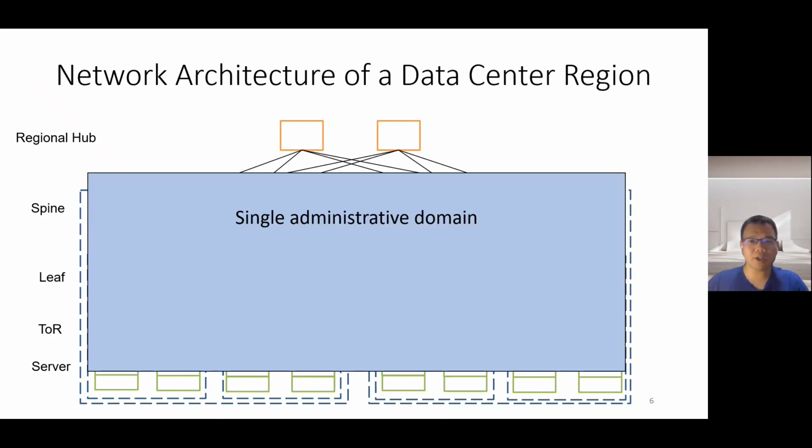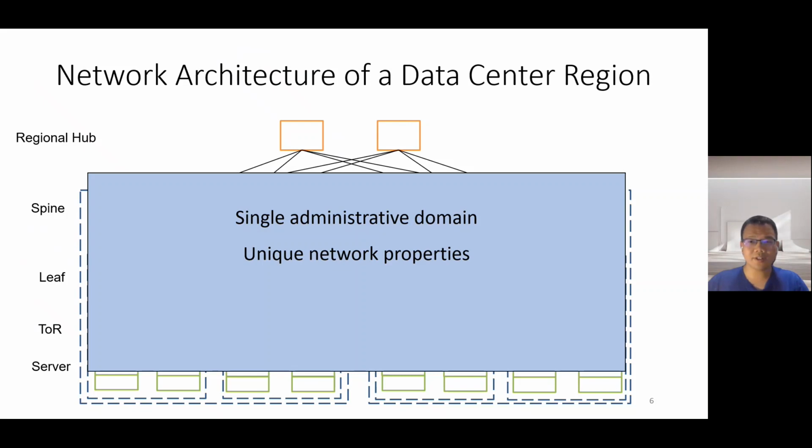Compared to the internet, the data center network has the following characteristics. First, it is a perfect single administrative domain. That means operators have full control of the network elements, such as the switch, NIC, and part of the end host, such as the hypervisor.